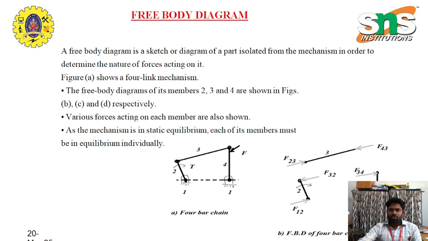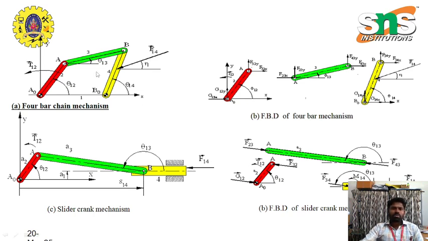Next we have link 4: the force acting from link 3 to link 4 is F34, and the equal and opposite force is F14, so that the system is in equilibrium. So the 4-bar mechanism is indicated, and the forces acting on each link are listed here.